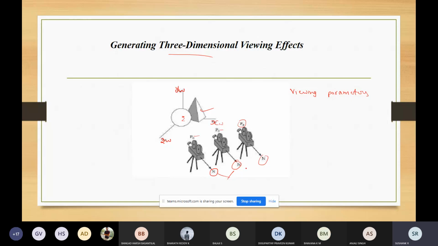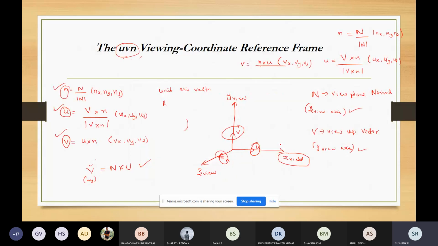When you change this direction of n, you need to change the other axis vectors also. So you know that this is represented by three vectors: u, v, n. So when you change the orientation of n, obviously you need to change the other axes also, because the angles between them are perpendicular.